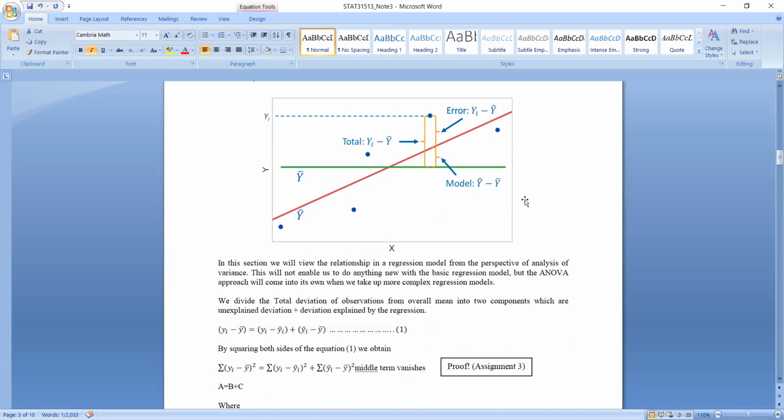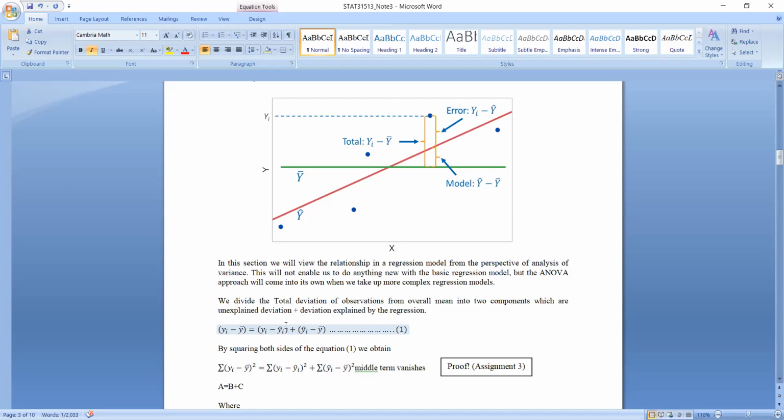Now what we are going to do is take the squared summation of both sides of this equation. On the left hand side, you have yi minus y bar, so we take the squared summation. We also have to take the squared summation of the right hand side.